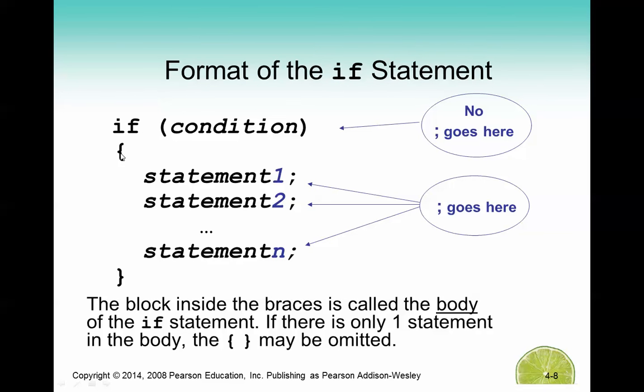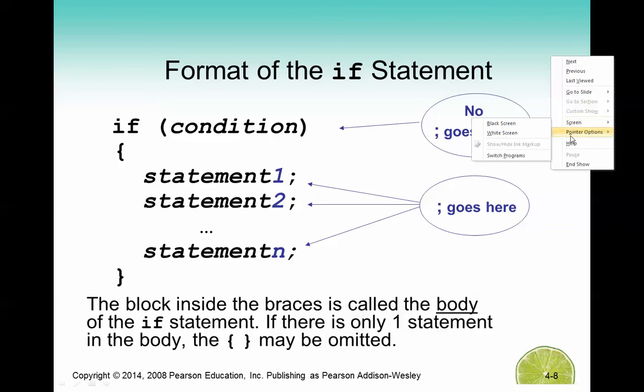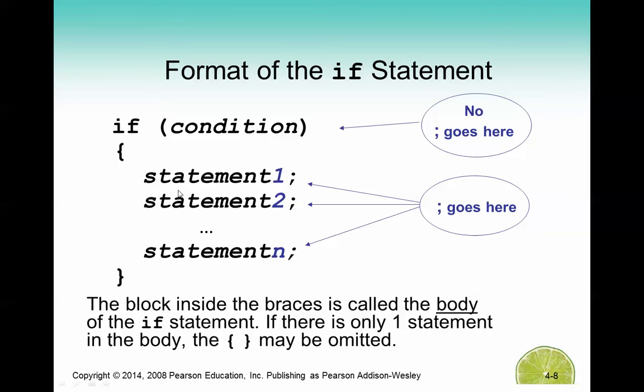Then we have the curly braces. This indicates that everything within these curly braces is going to be executed only and only if the answer to this question is true. So we need to make sure that we have that. Only if the answer to this condition is true, the computer is going to execute these statements.